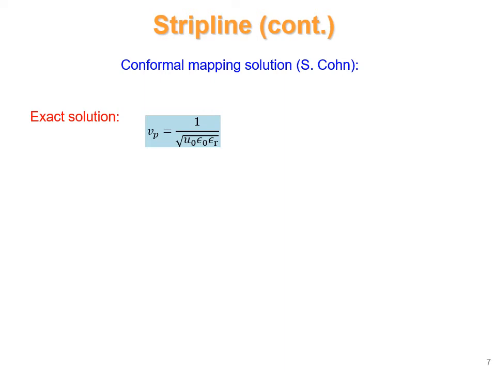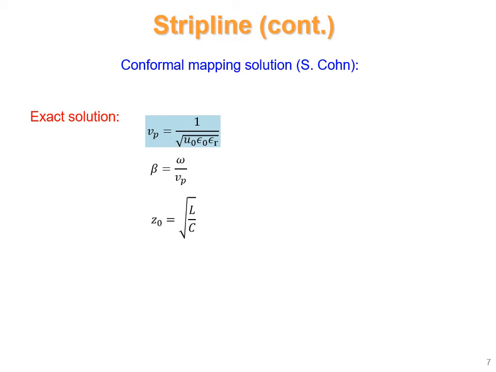The phase velocity of the signal propagating through this line is indicated by Vp, and Vp is equal to 1 upon under root of mu naught epsilon r, where mu naught and epsilon naught are the permeability and permittivity of the air as well as the dielectric material. The dielectric constant is indicated as epsilon r. Similarly, the phase constant beta can be calculated as omega upon Vp.